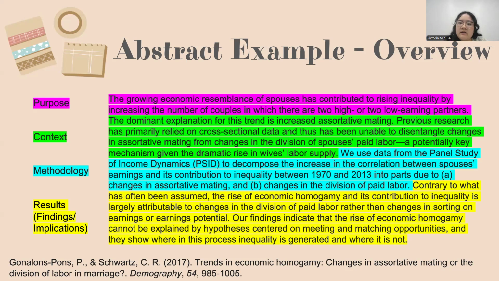As long as you have these elements, it's okay if the length of them is a little bit different. Certain abstracts have different word requirements, so that might change the size, but ultimately just make sure you have everything there.